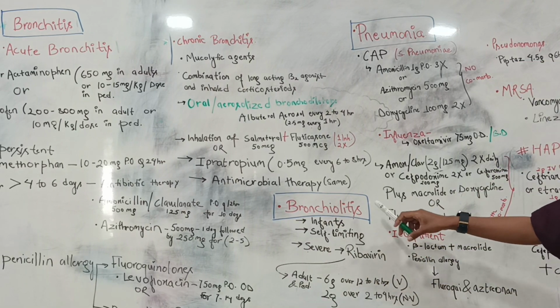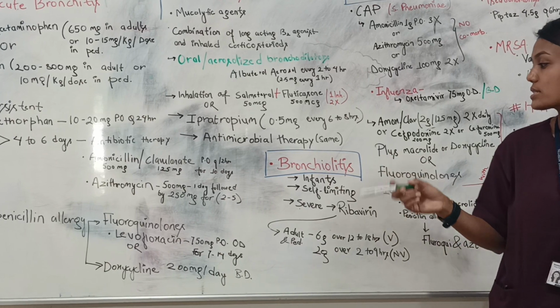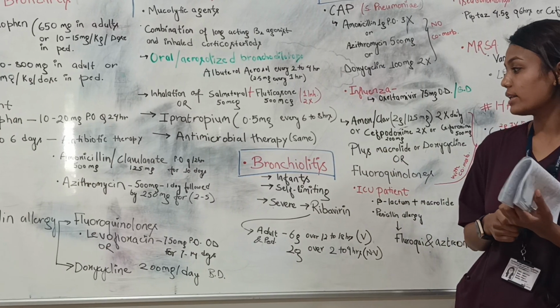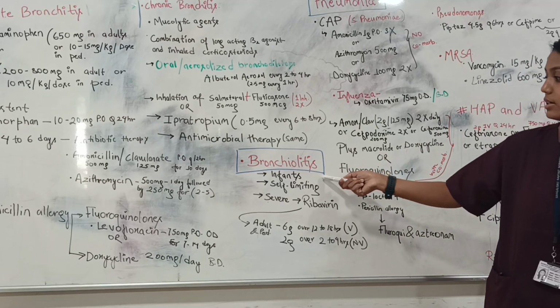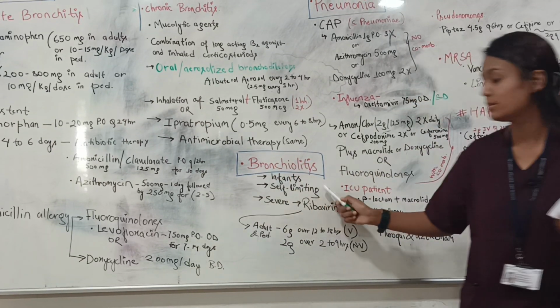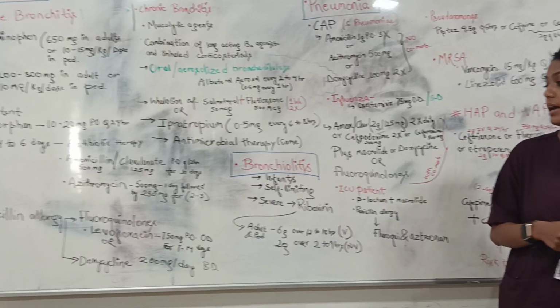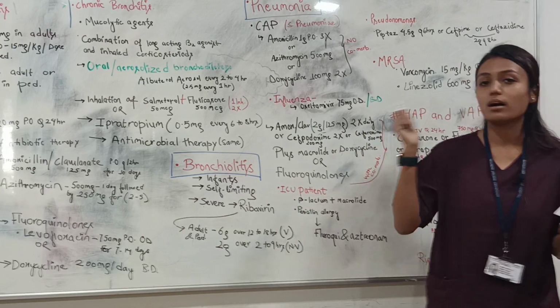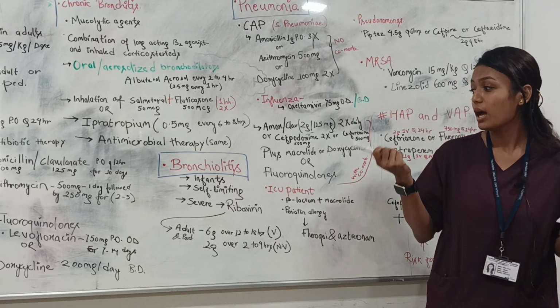So the next one is bronchiolitis. This bronchiolitis affects mostly infants. In adults, it's less. Here this is a self-limiting disease. So no treatment is needed in case of mild, and we can only relieve the symptoms by using antipyretic agents and painkillers.